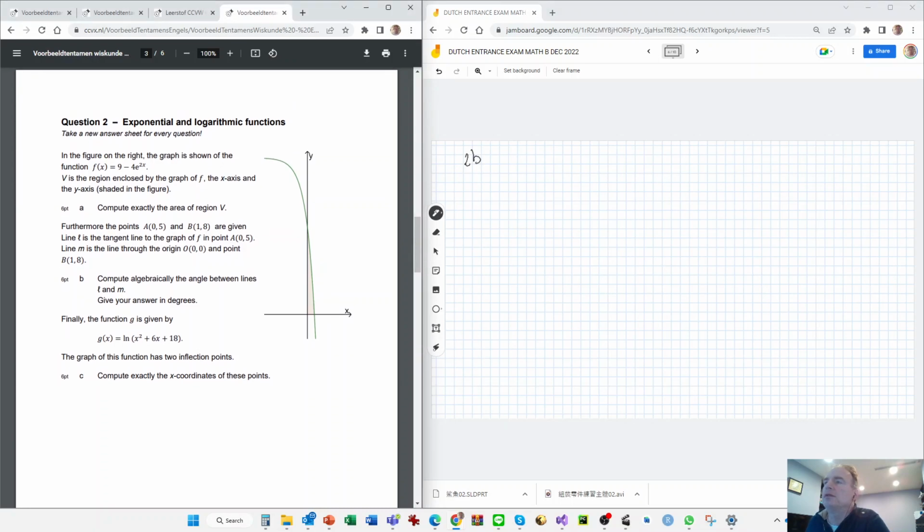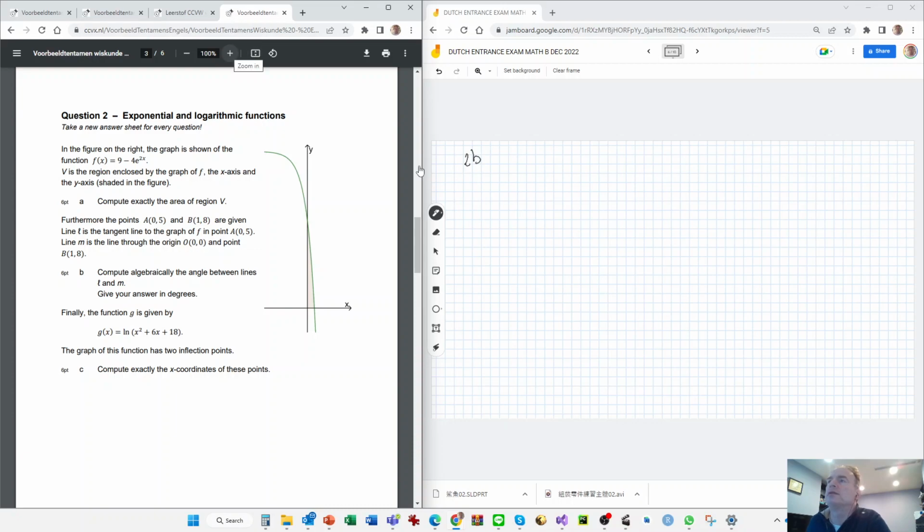So, okay, we cannot draw on this. Well, you have a tangent line here, which obviously should have some negative slope, and then a point 1,8, which is somewhere here, so a line that goes up. And we need to find the angle between these two lines.